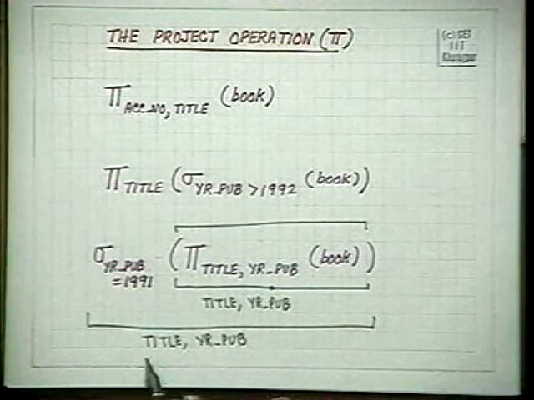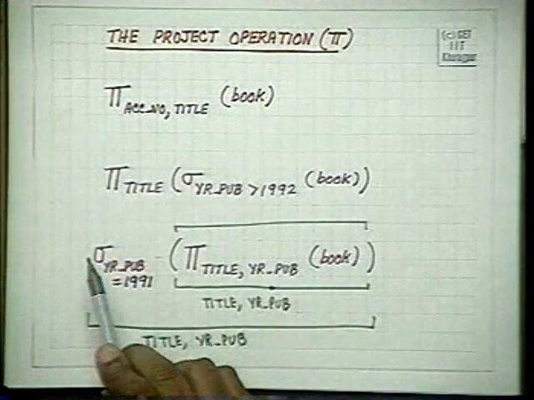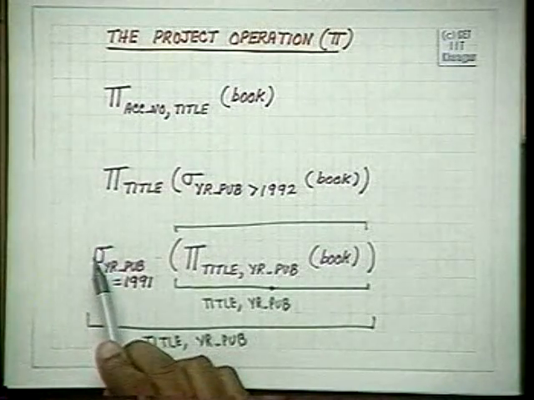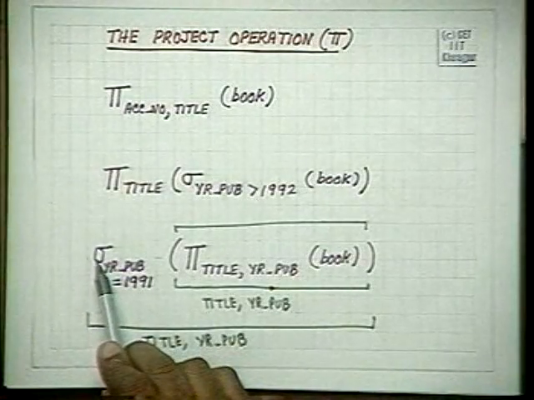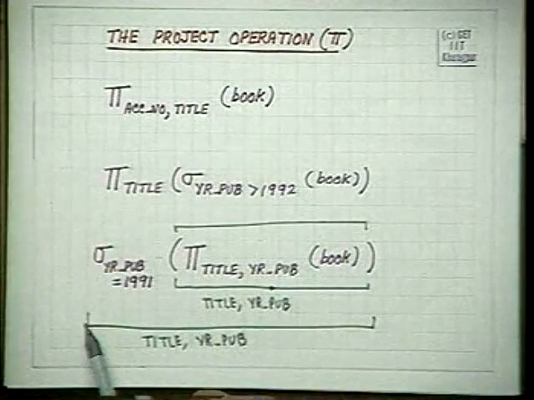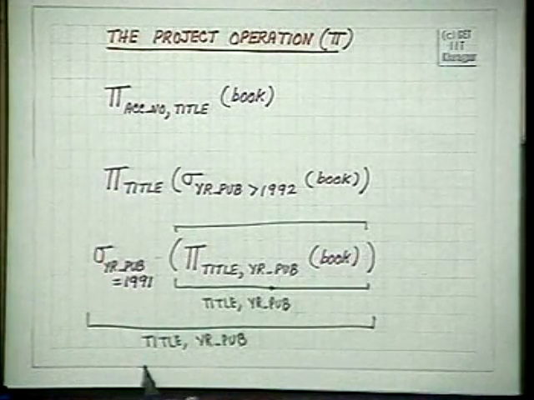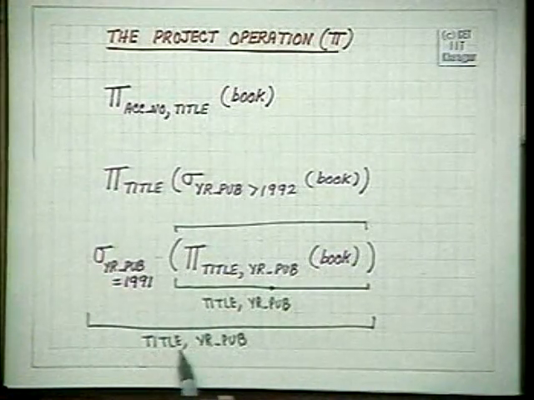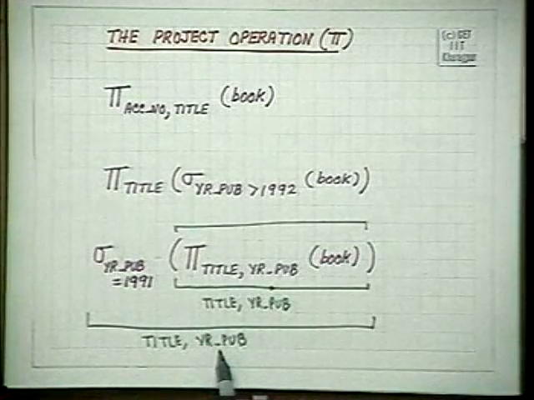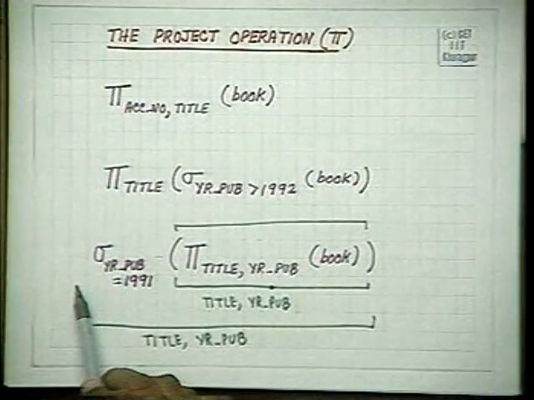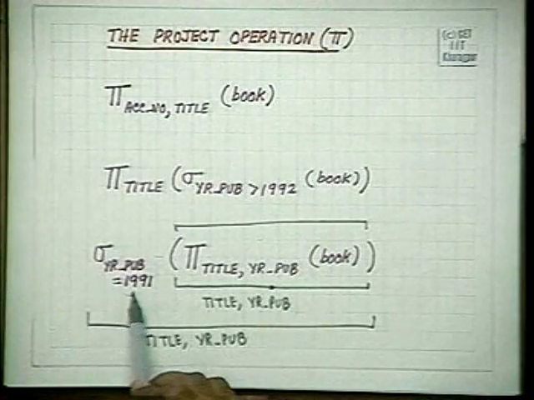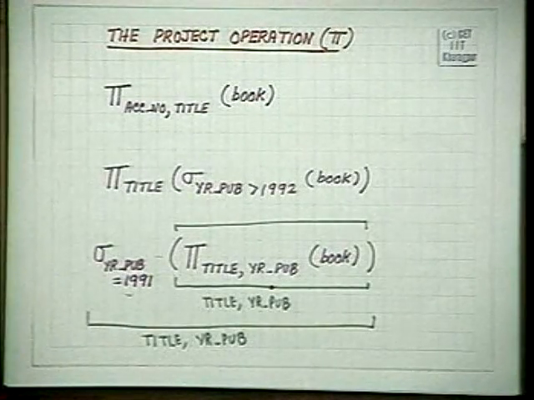These are the only two attributes which are returned here. All these operations will return relations only, and the relation which is returned here has got two attributes, title and year of publication, and we know that the year of publication of all the tuples which will be available here will be 1991.